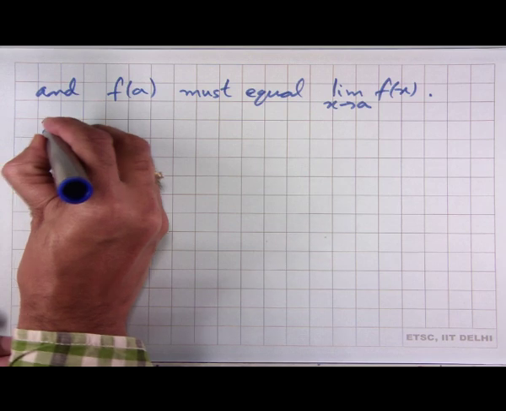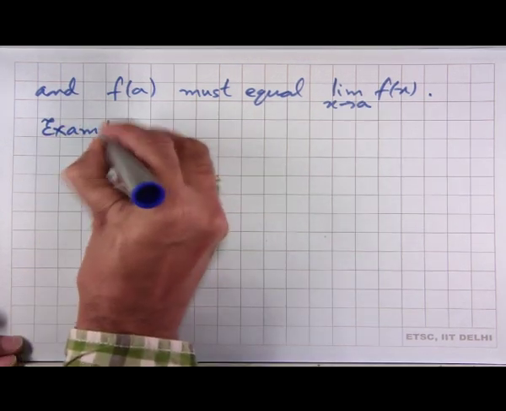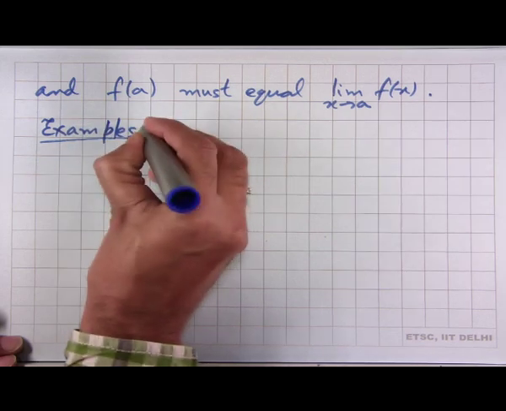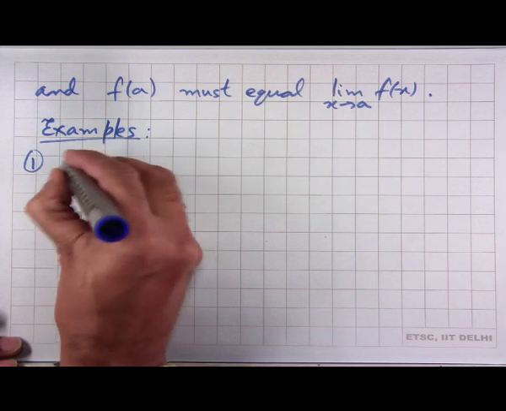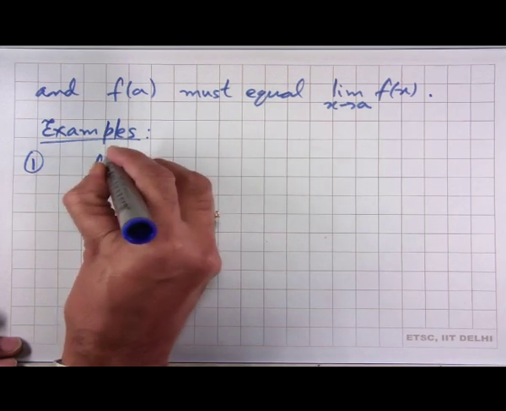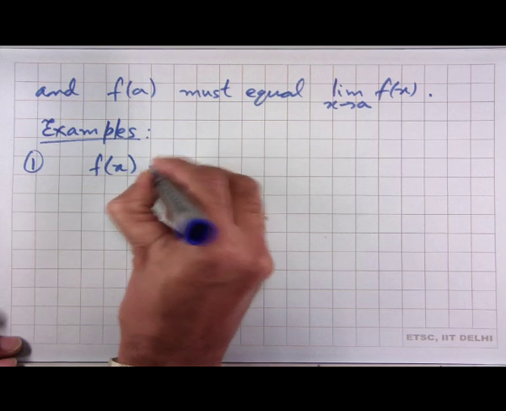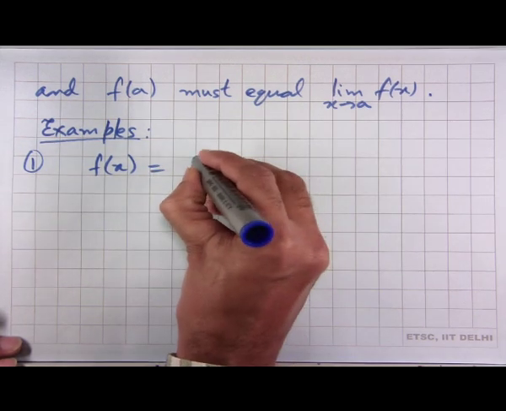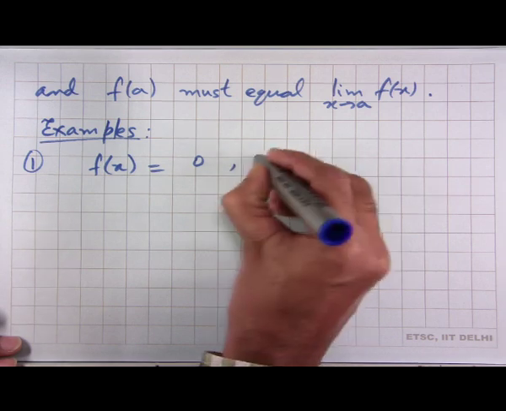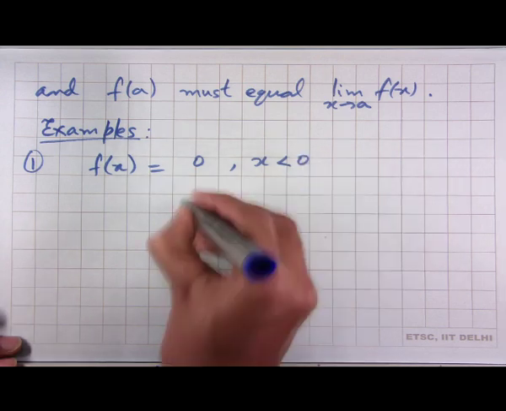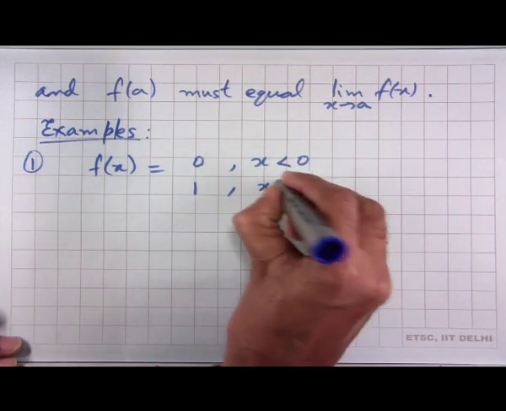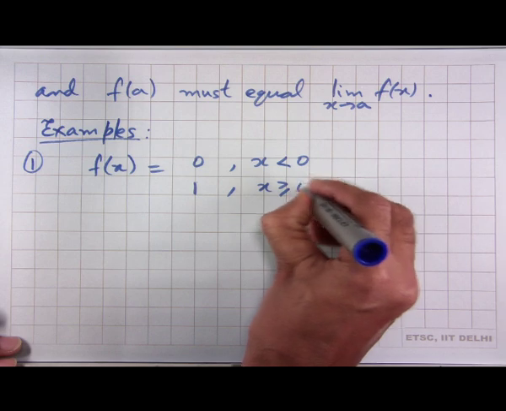Example 1. Consider f of x which is equal to 0 for x less than 0 and 1 for x bigger than or equal to 0.